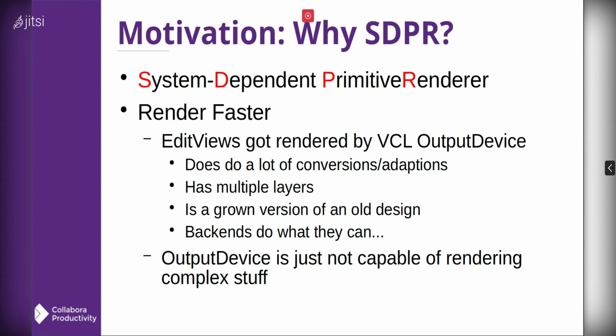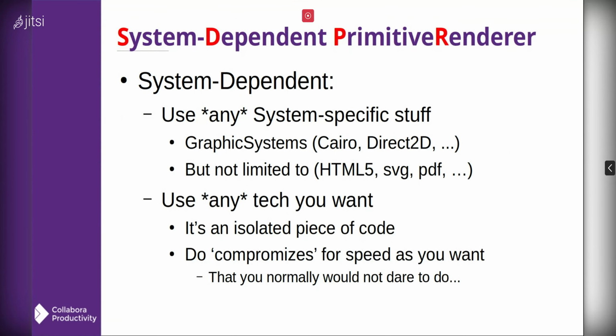So output device is just not capable of rendering complex stuff until today. We are a little bit stuck there because the whole office is implemented against the output device API, and that's a problem. So what does system dependent mean? It means you can use any system specific stuff on one system. Graphic systems, for example, Cairo or Direct2D on Windows, but not limited to.